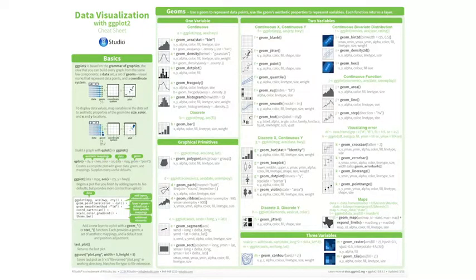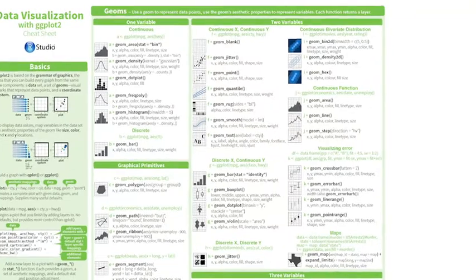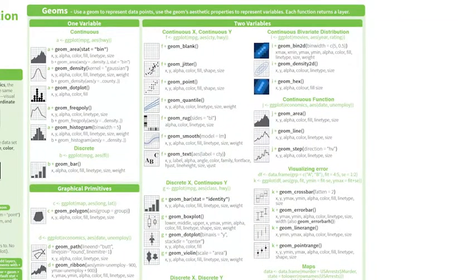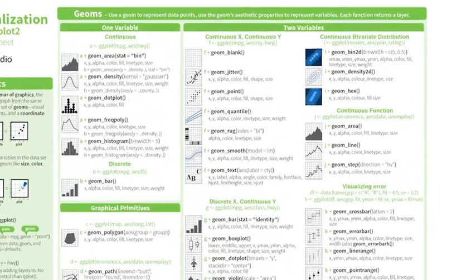ggplot2 also has tons of functions that cover all your data viz needs. To give you an idea, check out the ggplot2 cheat sheet, which is a popular reference guide. You can find out more about the cheat sheet in an upcoming reading. It's not important to learn all these functions right away, or even know what they are.